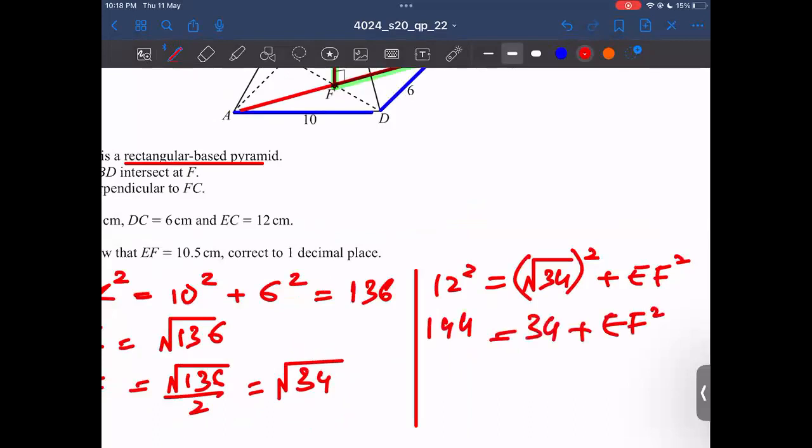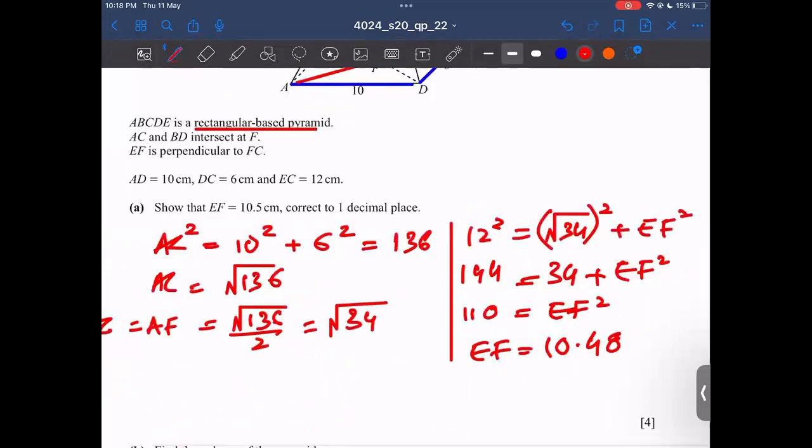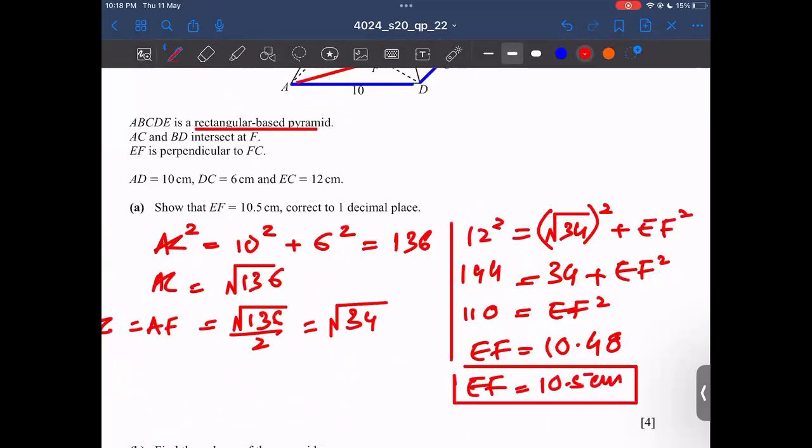So 144 minus 34 is going to be 110. After taking the square root, I'll get the value of root 110, that is 10.48. And to one decimal place, EF is equal to 10.5 centimeters. I got the value in 2 decimal places first, then I put it in 1 decimal place.